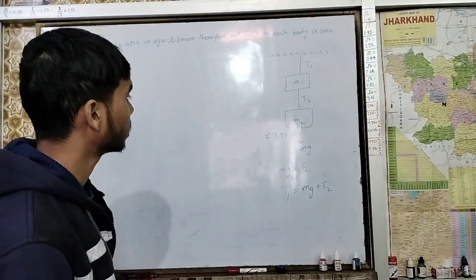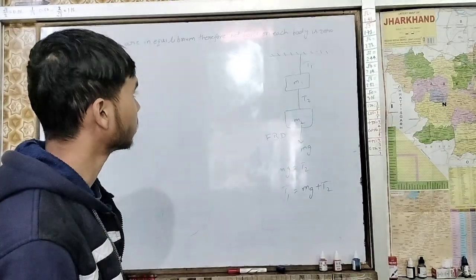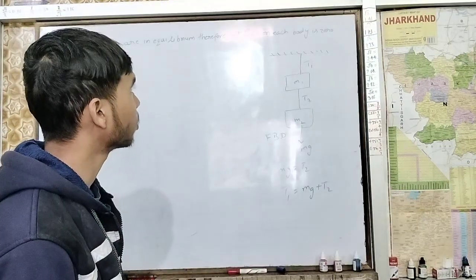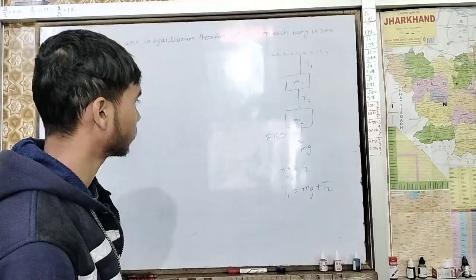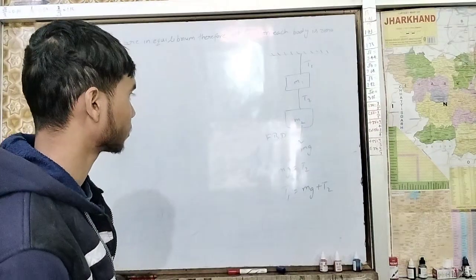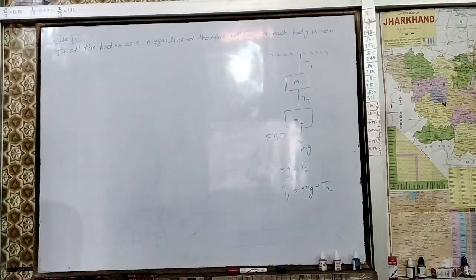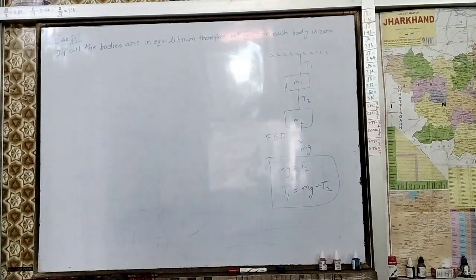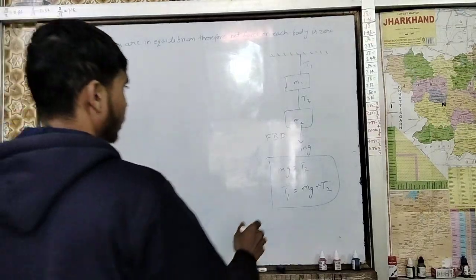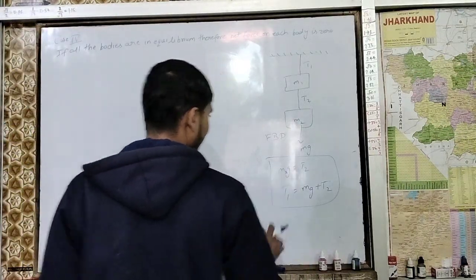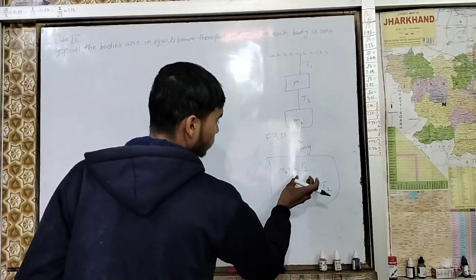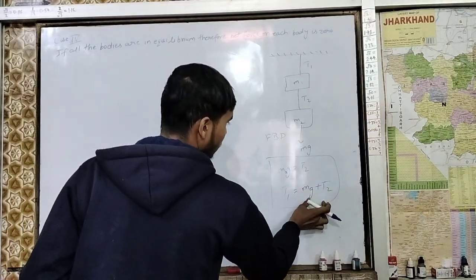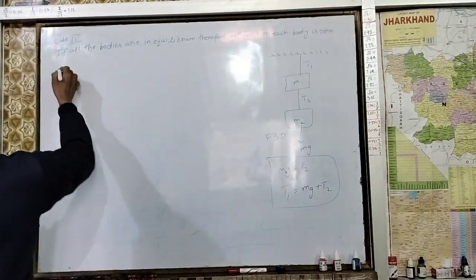Therefore the net force on each body will be zero. We have got two equations. Now our work is to substitute the value of T2 in this equation so we will get the value for T1.